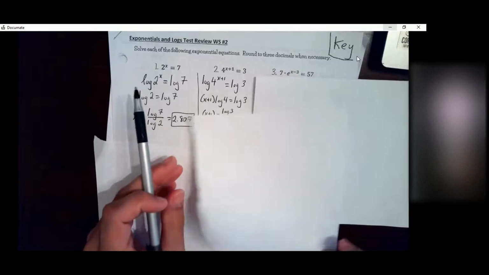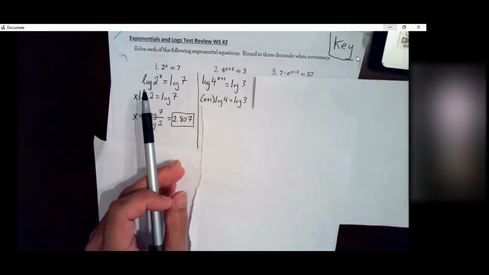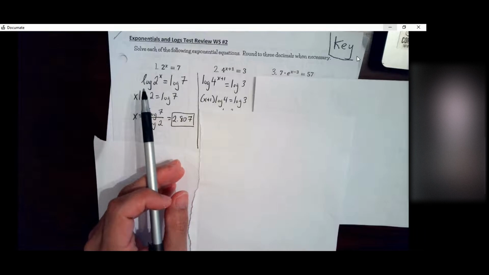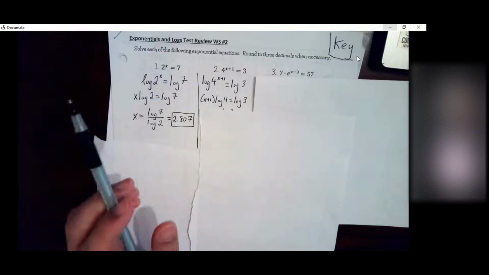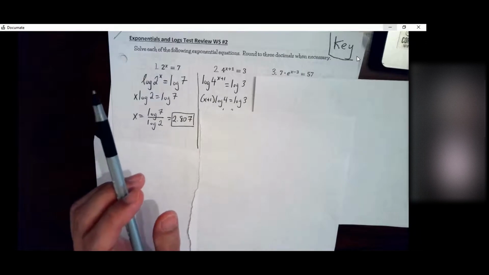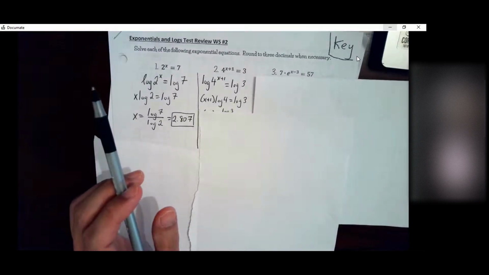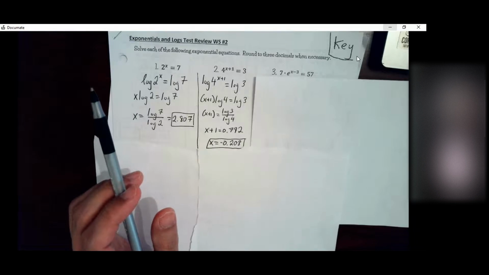And then we'd bring log 4 to the other side, so it'd be x log 4 equals log 3 minus log 4. Yep, and then you can divide both sides by log 4. I did it in a different order, but it's the same thing.